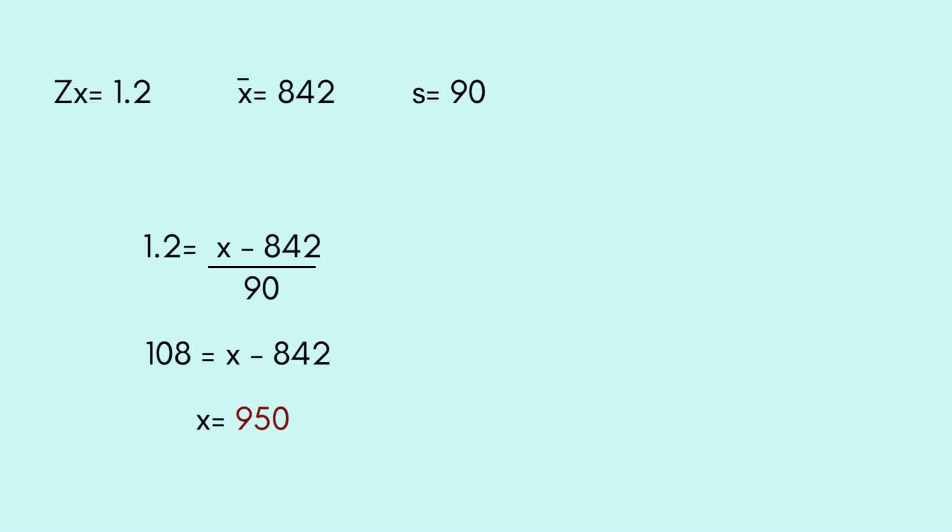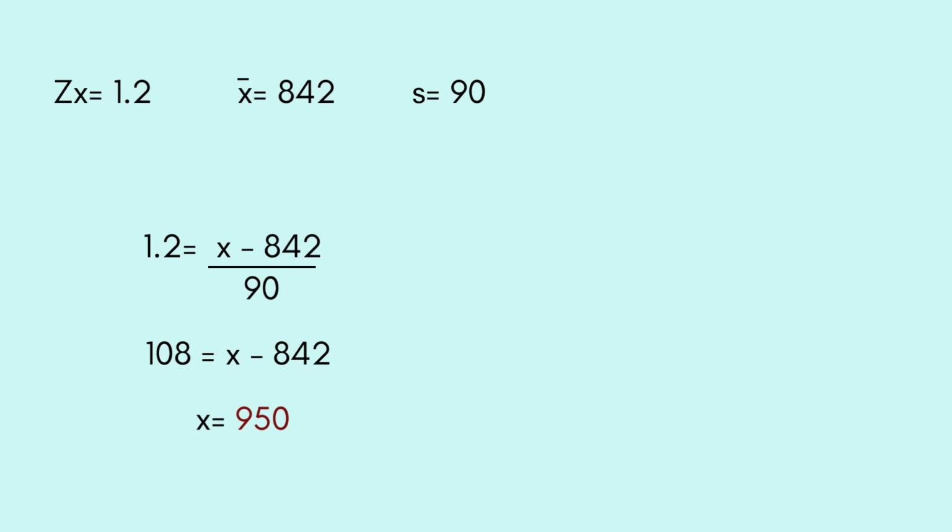So 90 times 1.2 equals 108. That is equal to x minus 842, and after that we solve for x. So x is equal to 950.